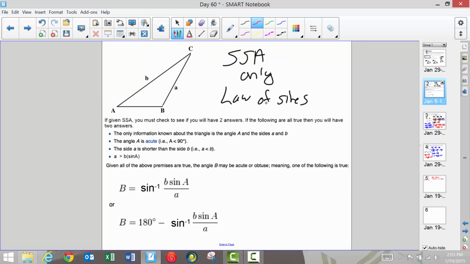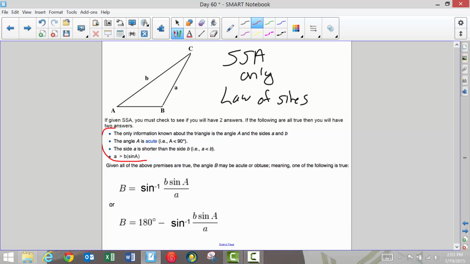So here are your rules for side angle with law of sines only. It is possible to have two answers with side angle if all of the information that I'm circling is true. So the only information known about the triangle is angle A and sides a and b.